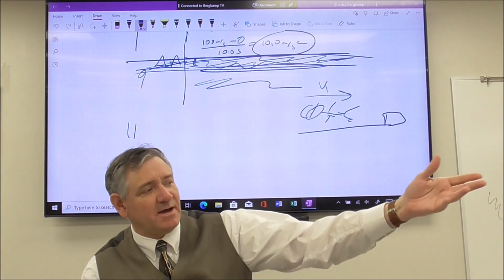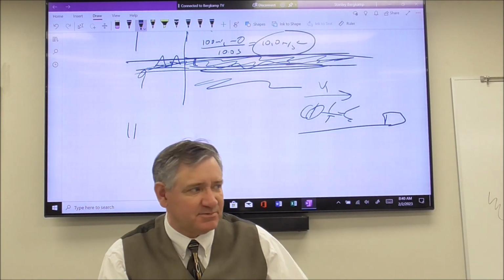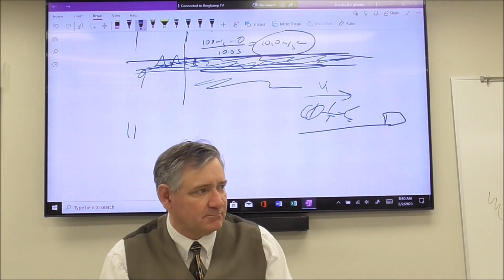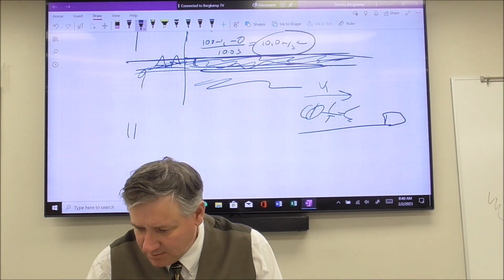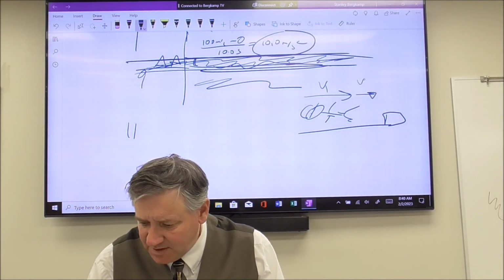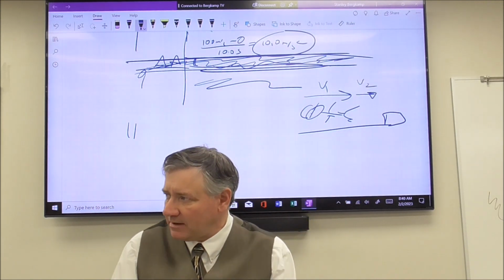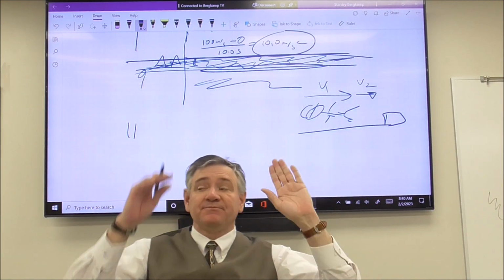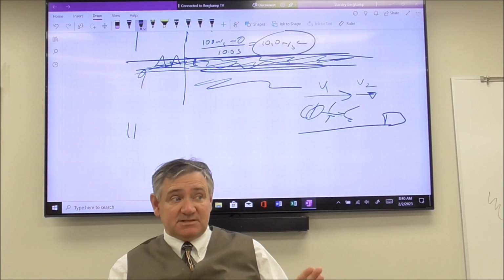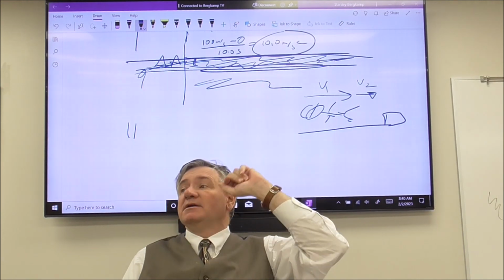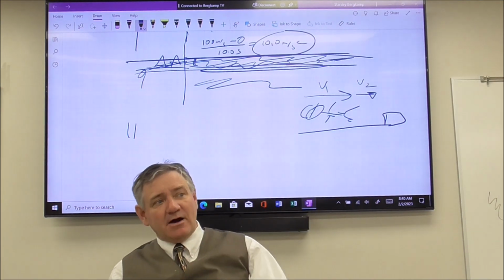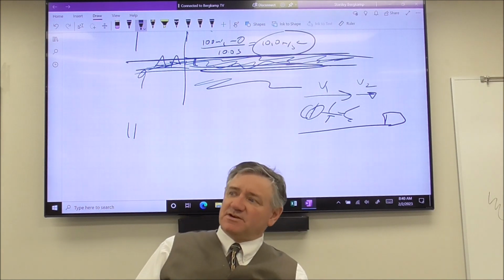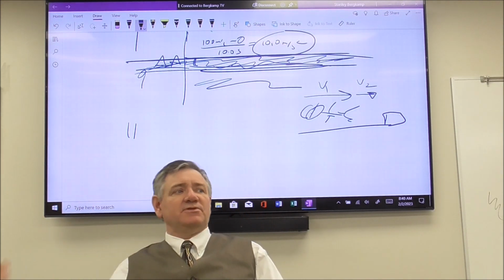So, Carson, what happens when you slide into second base? Do you speed up or slow down? Slow down. Then I'm going to draw V2 a little bit smaller than that. That's all you have to do for the velocity vectors. You either make them get bigger or you make them get smaller. Those are your only two options. Now, if you're slowing down, which direction is your acceleration vector going to point? In the same direction or the opposite direction?